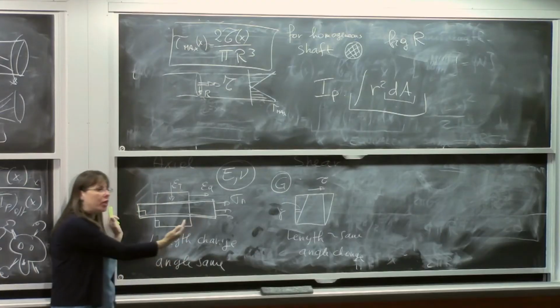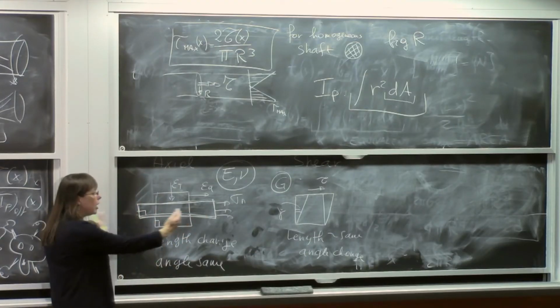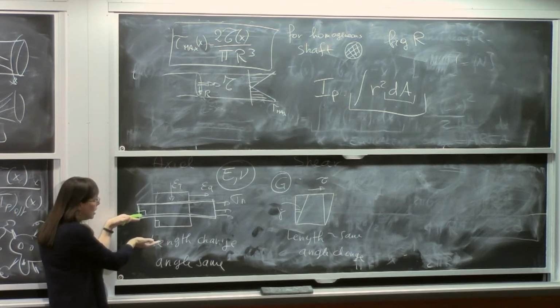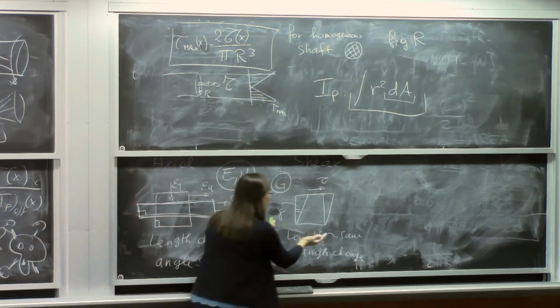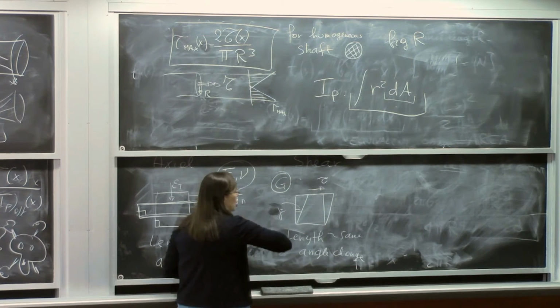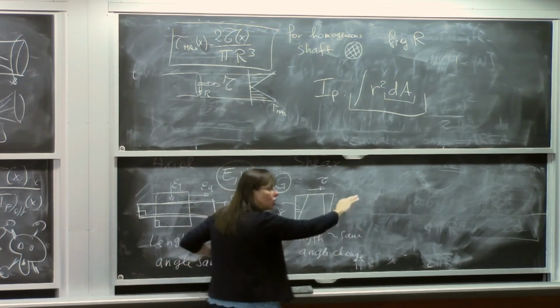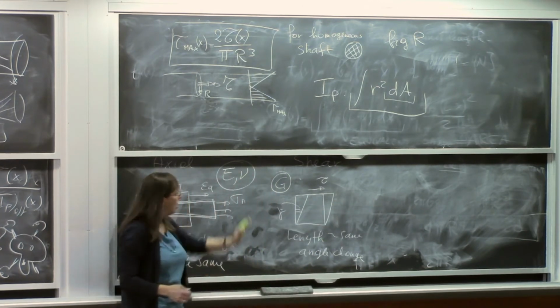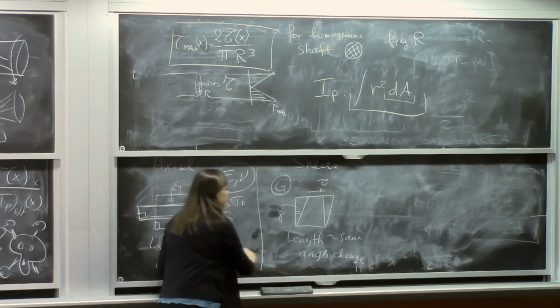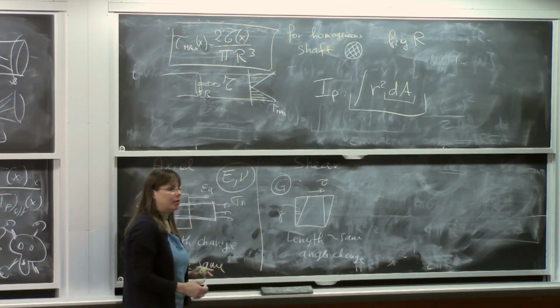We take these two worlds, one in which things get longer and shorter, but the angles stay the same, and this other world, in which I shear things, the angle changes, the length does not change, and I put a line between them because I do one at a time.